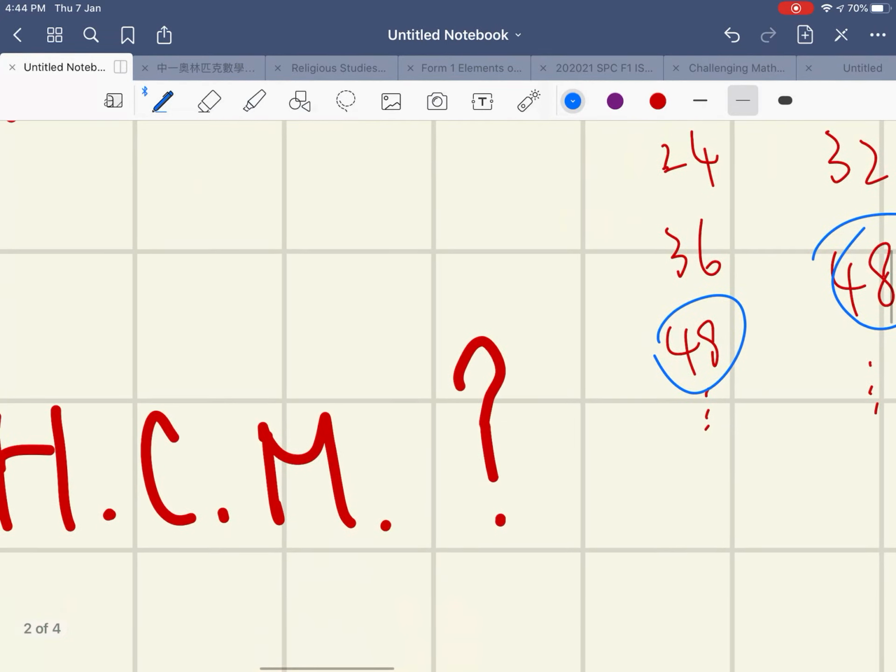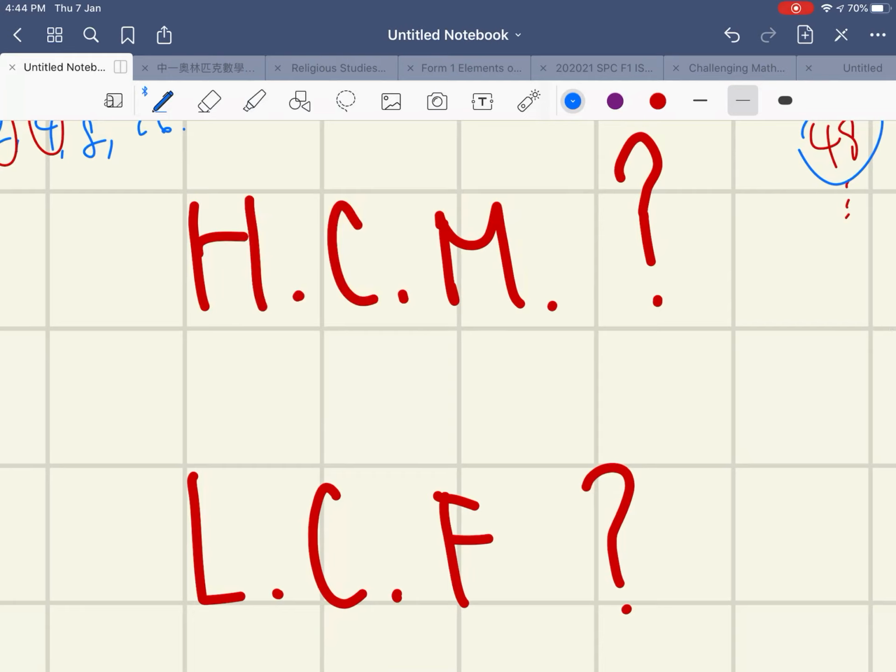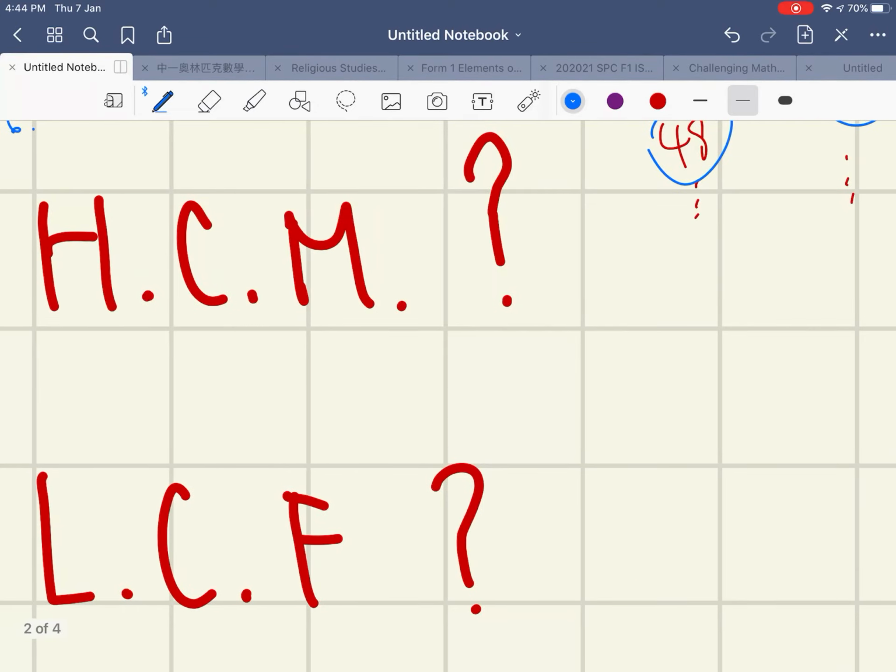So you might ask, are there H.C.M and L.C.F, the highest common multiple and least common factor? Since the answer is too obvious, we don't even need to calculate. H.C.M, the highest common multiple: since there are endless numbers, we don't know which one will be the last one.